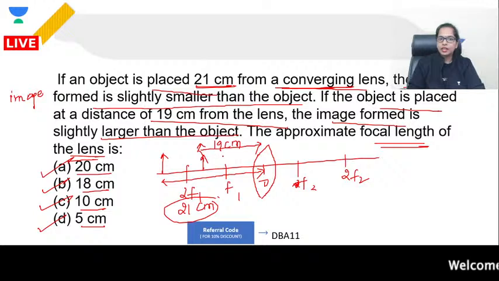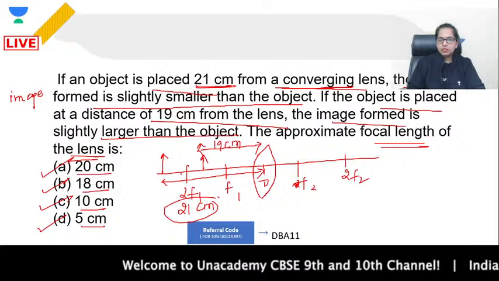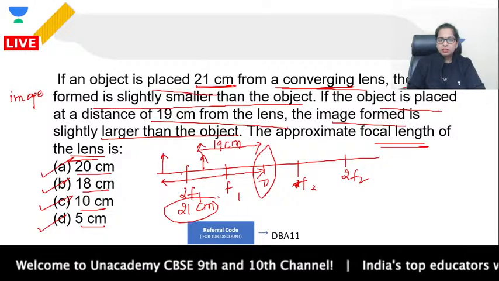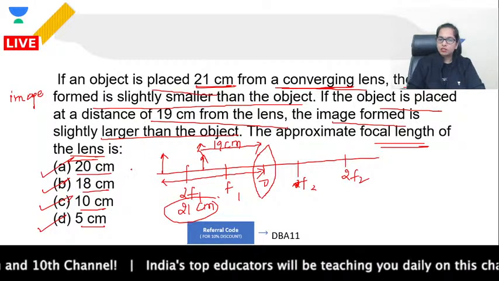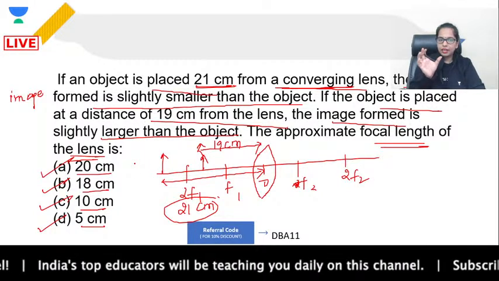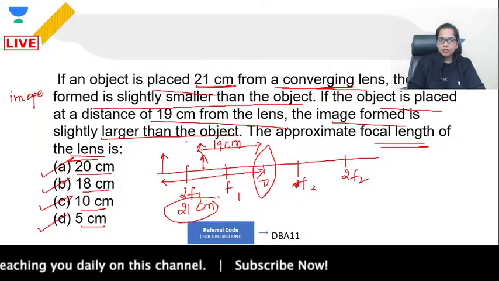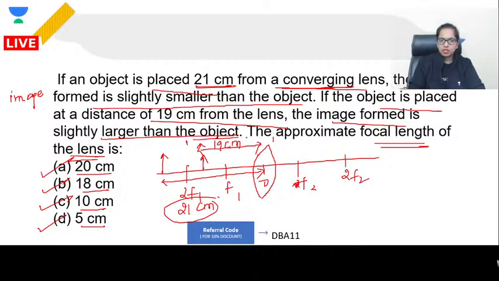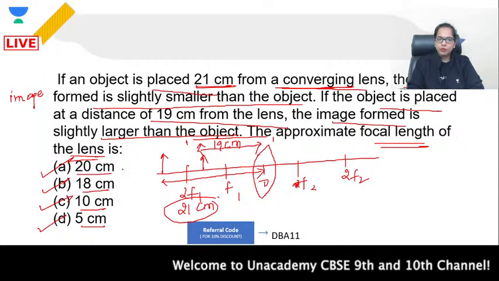Between 21 and 19 centimeters, the center of curvature will be somehow in between the two, right? Center of curvature यहाँ कहीं पे होना चाहिए, right? It's like a vision. So how much it should be? If we are looking into the options, it should be near around 20 centimeters.